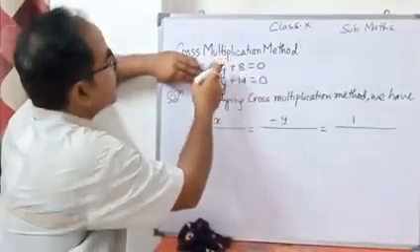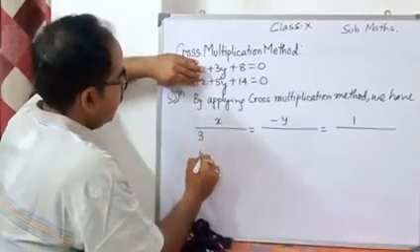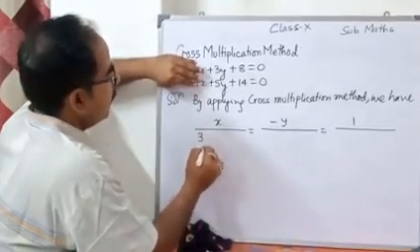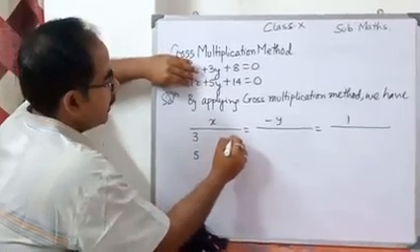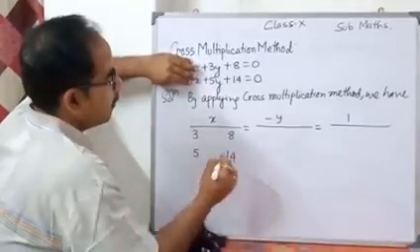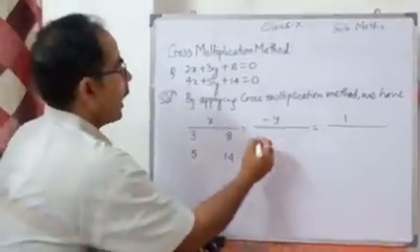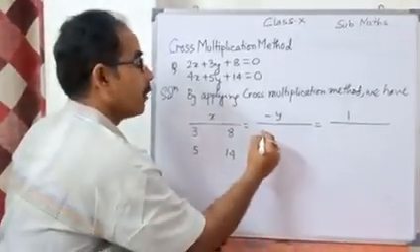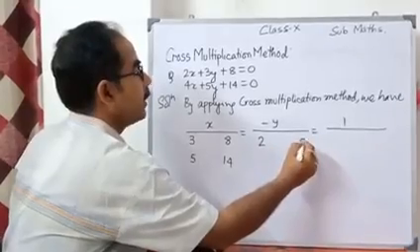Now just check it out, the coefficient of y and the constant. Here the coefficient of y is 3 and in the second equation the coefficient of y is 5, and the constant is 8 for the first equation, and for the second equation 14. Now for y, again you block this part, so the coefficient of x for the first equation is 2 and the constant is 8.